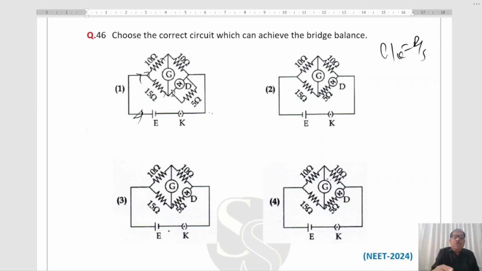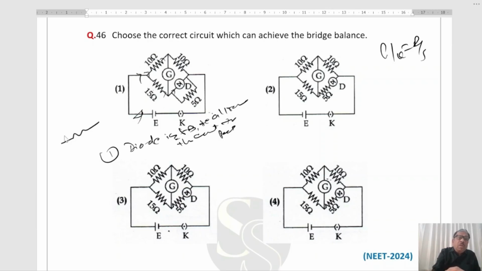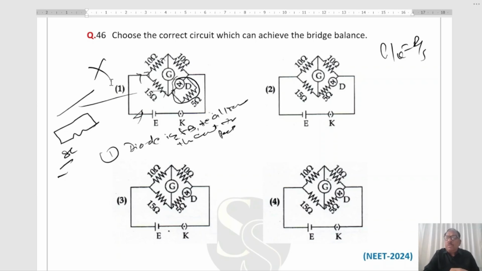Now in this case 1, diode is forward bias, means that it allows the current to pass. In that case, this will behave like a simple wire, that is short circuit. Means this can be replaced by simple wire. So it cannot achieve the balance bridge.